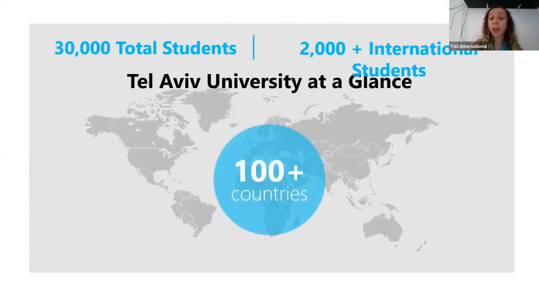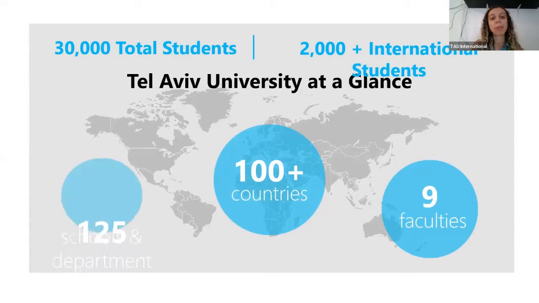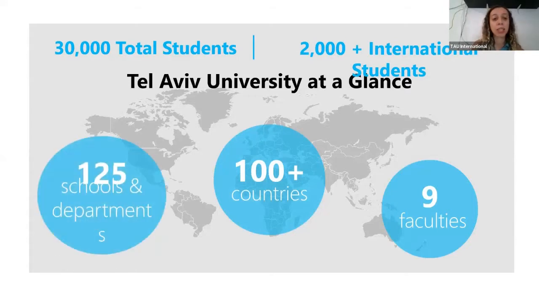We have students coming from all over the world, various countries. We have a lot of faculties, both undergrad and grad programs, and students coming from a lot of schools and departments around the world. Tel Aviv University is really successful with being very international. So this is just background for the grand picture that you're coming to.